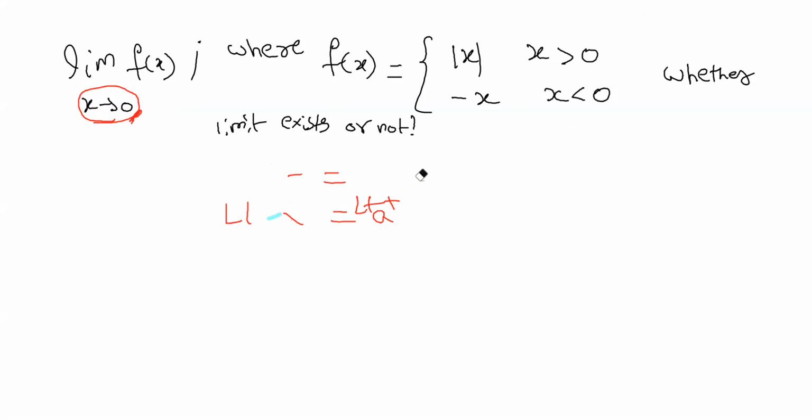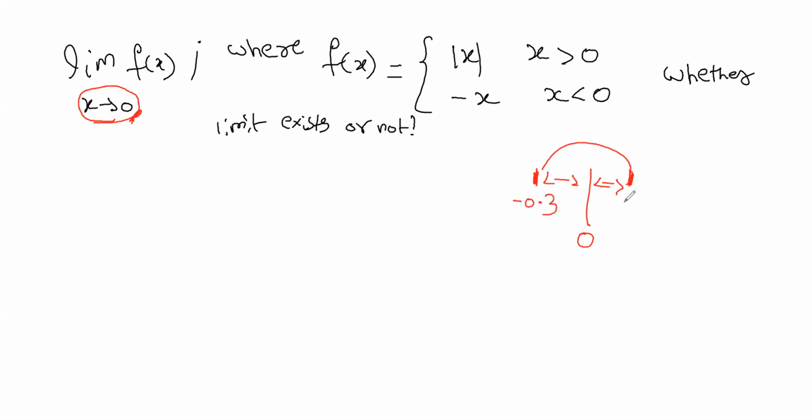Now, how to check? For this type of condition, since the point is 0, whatever value you take on the negative side, you have to take the same value on the positive side, because the distance should be the same. If you take minus 0.3, you have to take the right hand limit as 0.3.